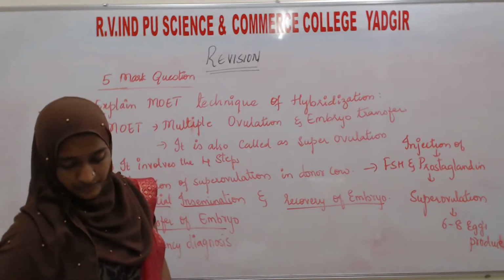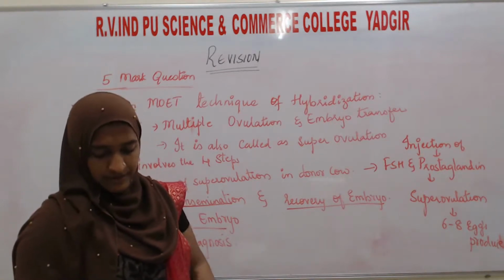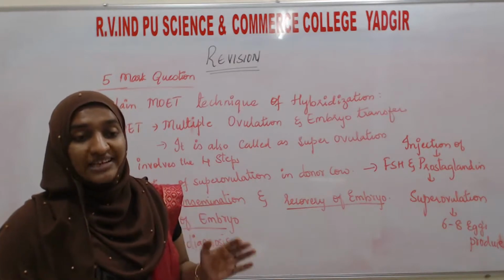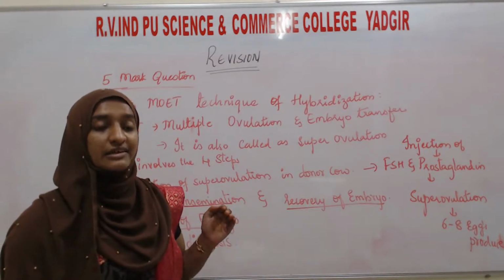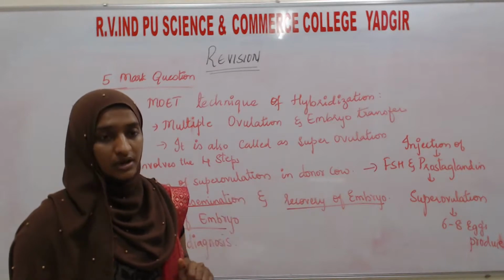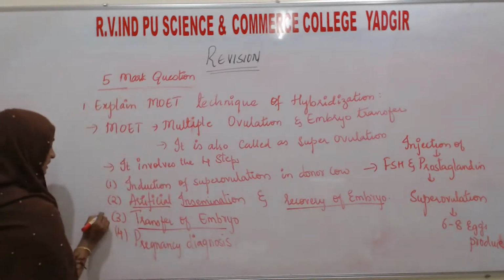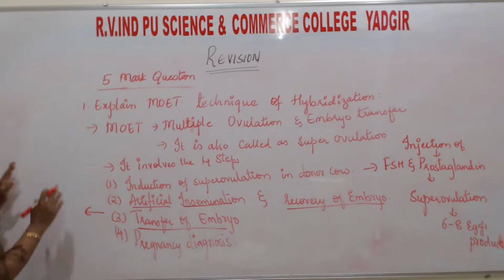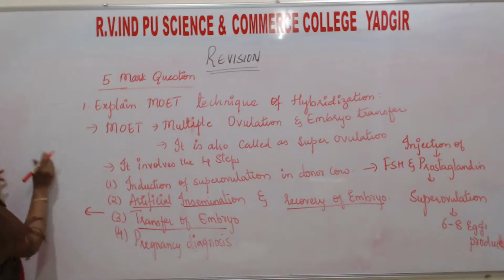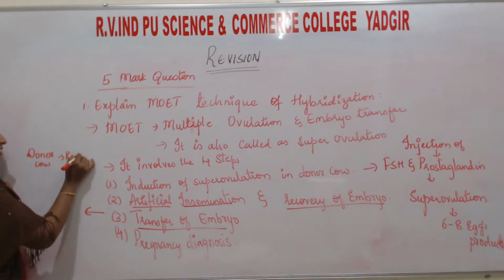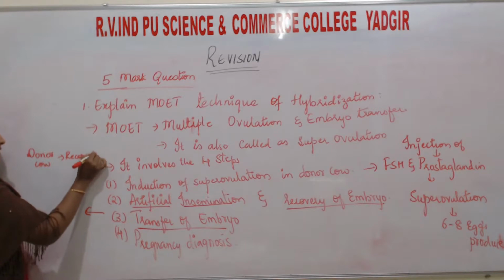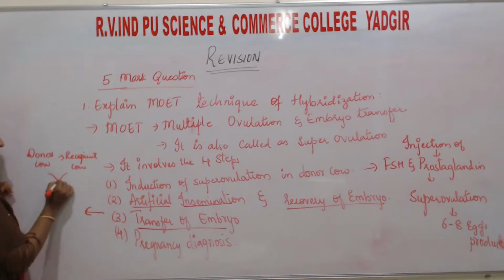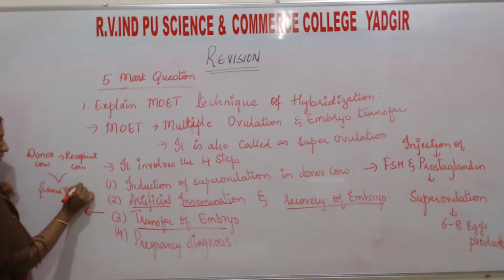In the transfer of embryo, the recipient cow should have the same reproductive cycle, that is the estrous cycle, as the donor cow. Care must be taken that both the donor cow and the recipient cow have the same reproductive stage.